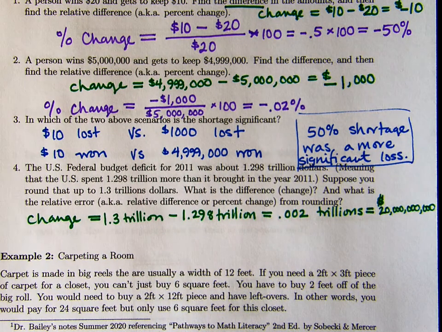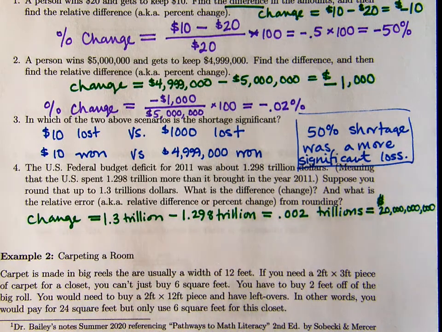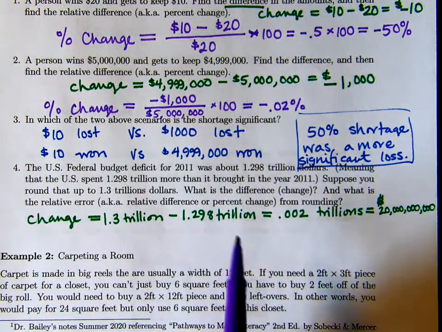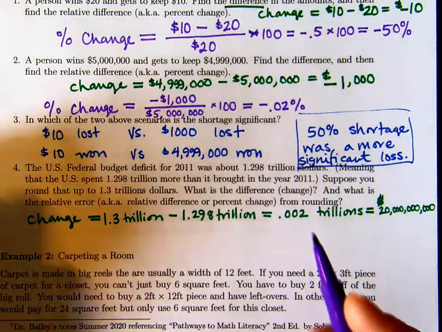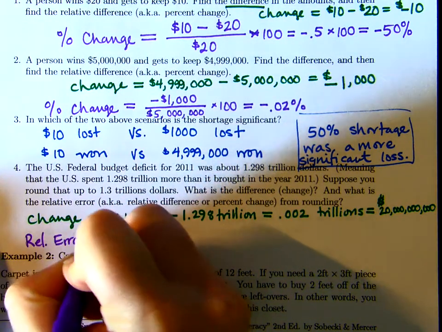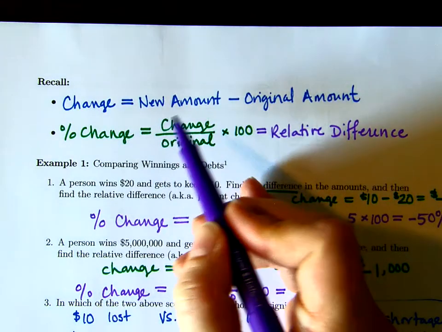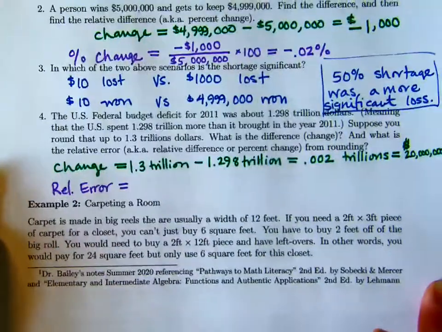And then it says find the relative error. If you round, you are incurring error. That's why it also gets the name relative difference, because it's the percent change. Relative error, how much was the error? So we're going back up here to this change, the ratio of change to the original times 100 to turn it into a percent.